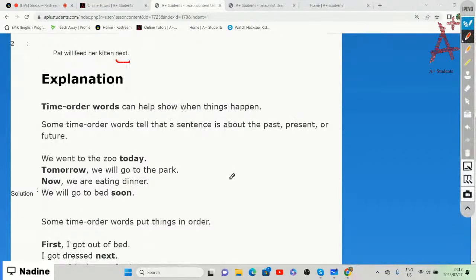Right? Because next is the time order word that basically puts things in order. And when we say put things in order, then usually we start with firstly, then we go on to next, thereafter, lastly, right?